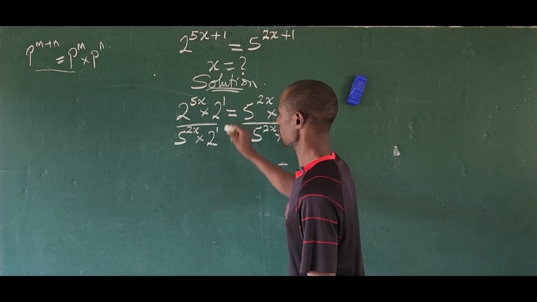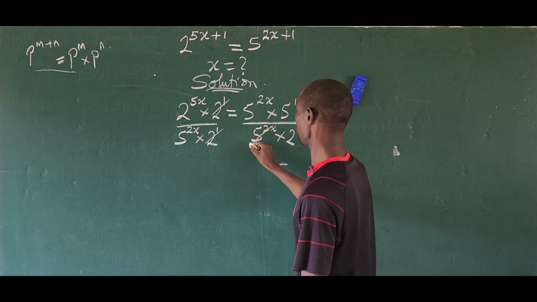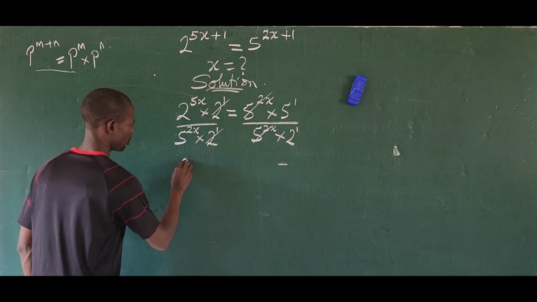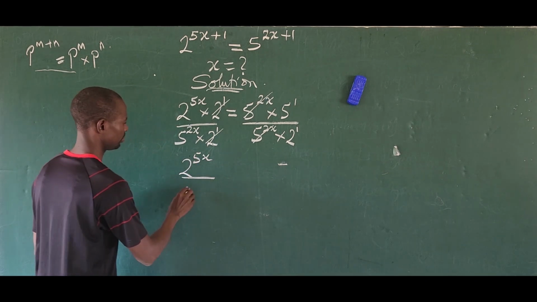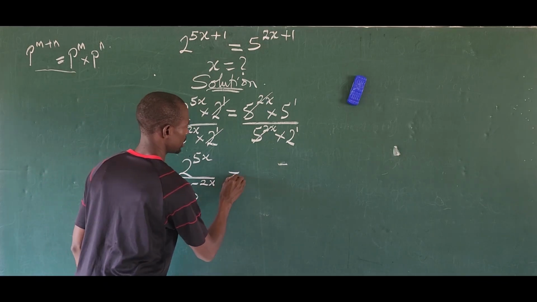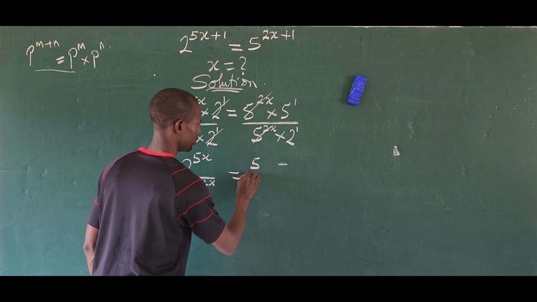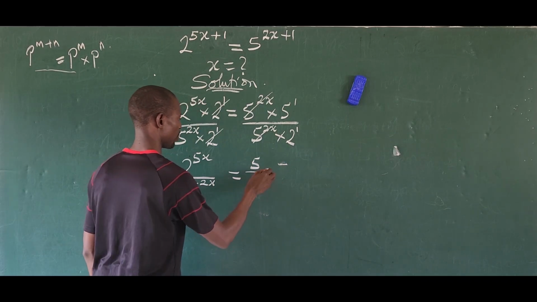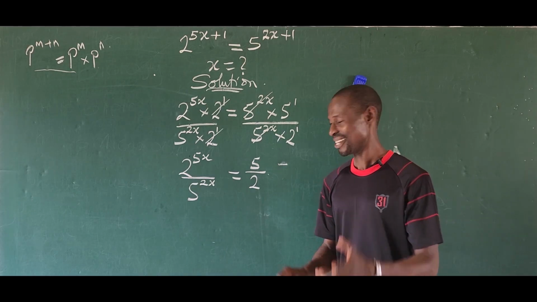You discover that this will go with this, and on this other side, this will go with this. Okay, so we are now left with 2 to the power of 5x all over 5 to the power of 2x. This is equal to 5 to the power of 1, which is 5, all over, in the denominator, 2 to the power of 1, which is 2. This is easy, right? Good.